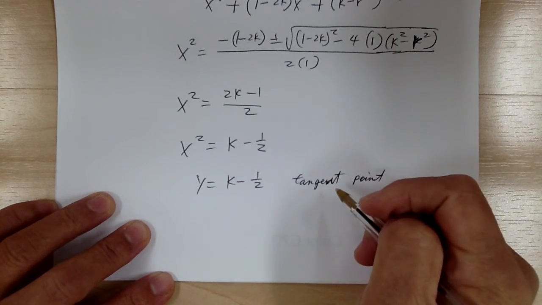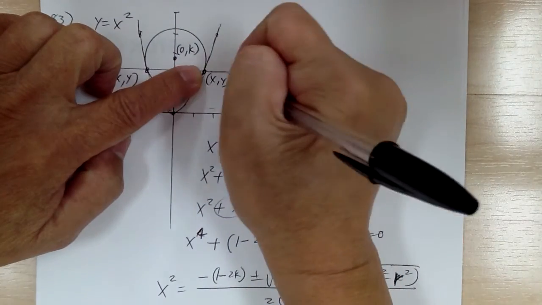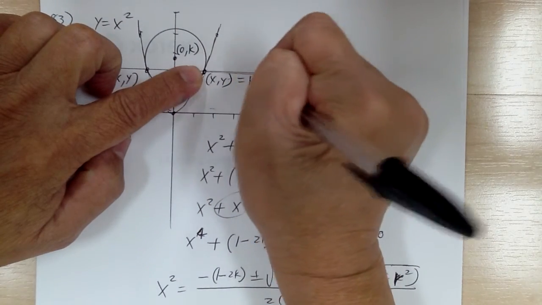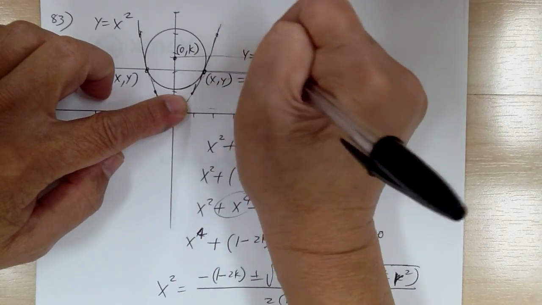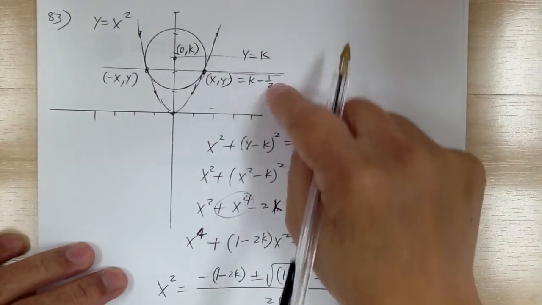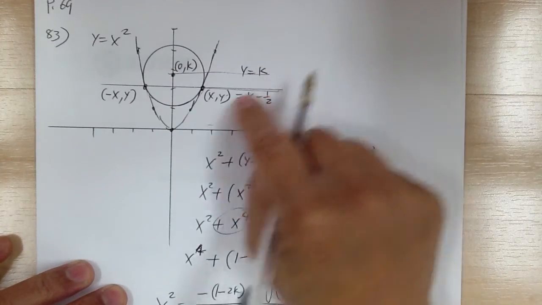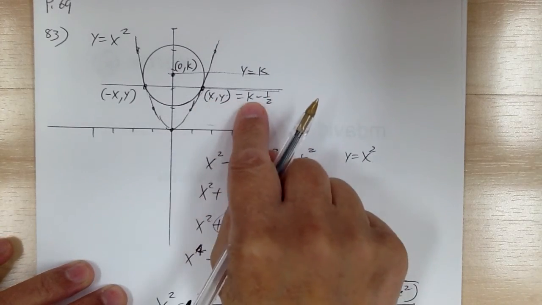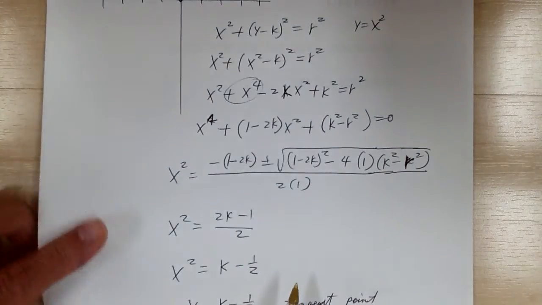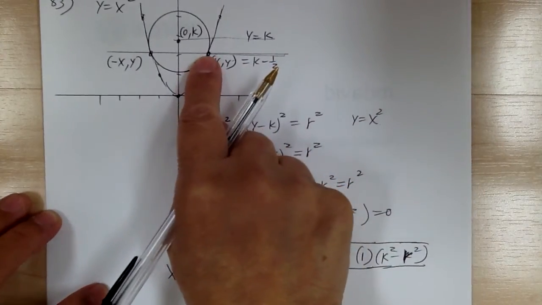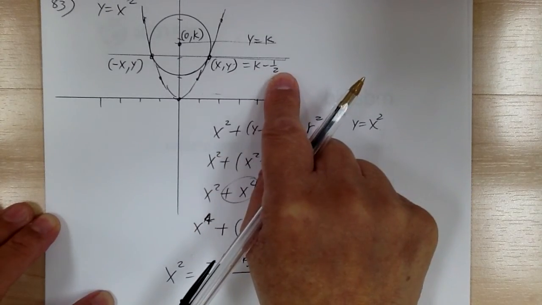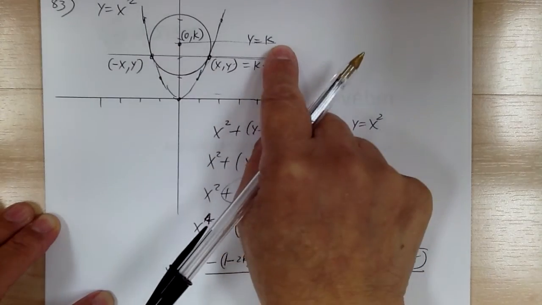Okay, and the center, over here, the y is k minus 1/2 at the tangent point. At the center, you've got y equal to k. So you can see the difference between the two is 1/2. So if you go back over here, at the tangent point, the y is k minus 1/2. At the center, the y is equal to k.